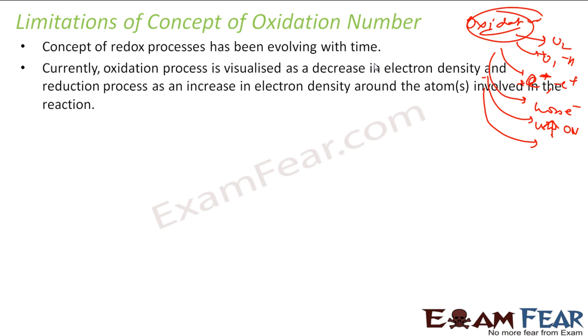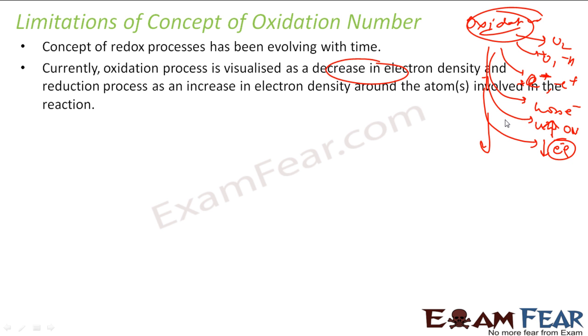So if you see, decrease in electron density, the first slide which we took. If you see the process, the definition of oxidation itself is evolving, it's changing, and that's the only limitation of oxidation number, because the definition itself is not constant, right? Every decade the chemists come up with a new definition, and we have seen this history.